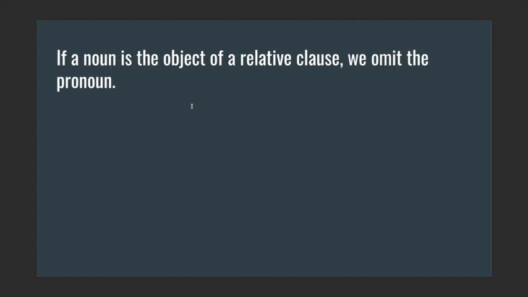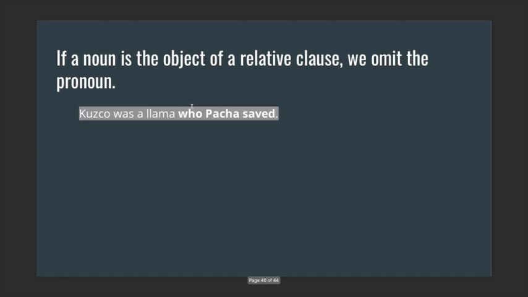If a pronoun is the object of a relative clause, we omit the pronoun. We don't need the pronoun if a noun is the object of a relative clause, the noun that we're trying to replace. For example, here we have a normal relative clause, and it says, Cusco was a llama who Pacha saved. Here we have the relative pronoun who.